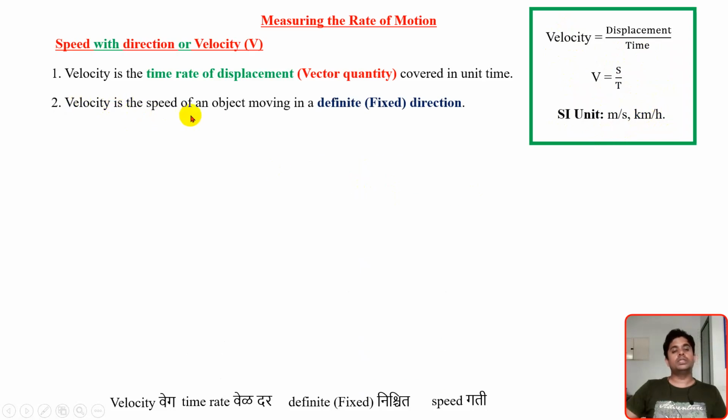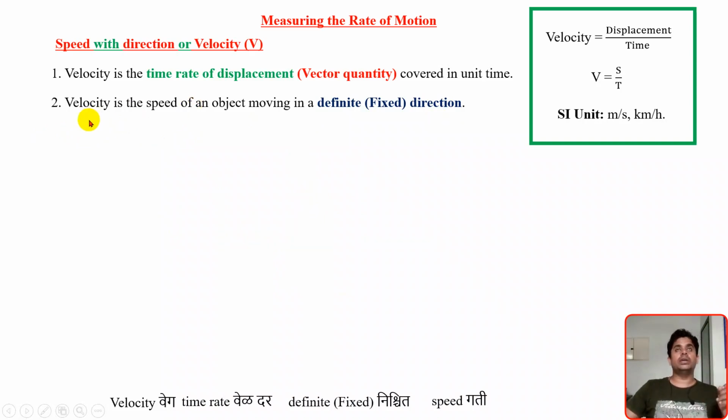Now, velocity is the speed of an object moving in a definite or fixed direction. Velocity is nothing but the speed of the object, but that speed has a certain or fixed direction. That speed is along with a definite direction, and then we can call that speed a velocity.